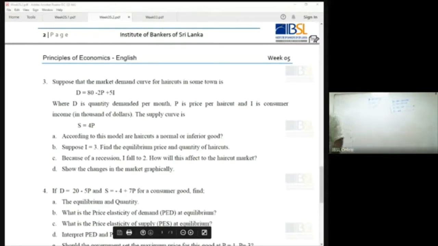Take 5 minutes and let me know the answer. Calculate D and S. D equals S.